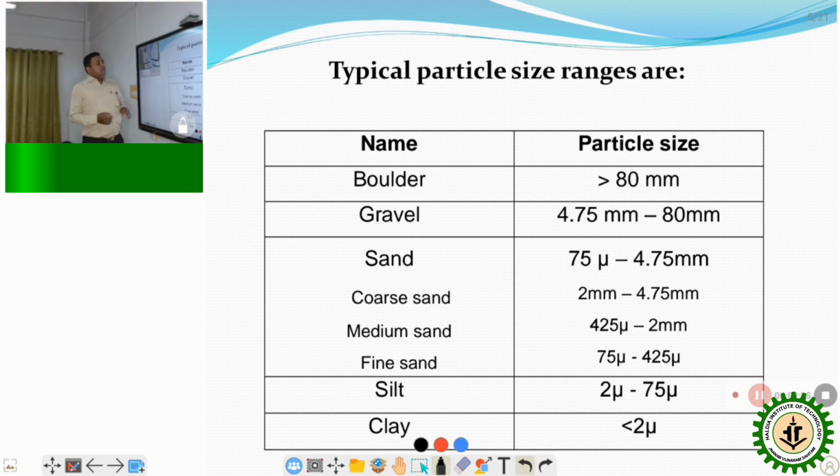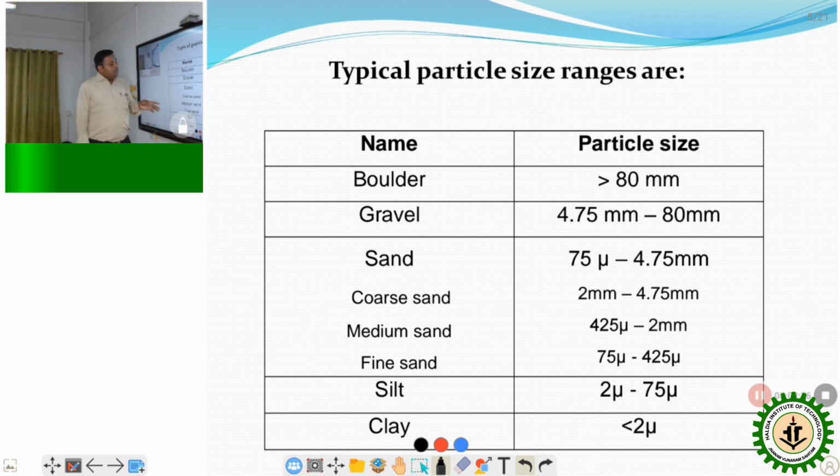This table depicts the typical particle size of different kinds of soil particles. The largest particle is boulder, which has a diameter of more than 80 millimeter. Then comes gravel, which has a particle size from 4.75 mm to 80 mm.